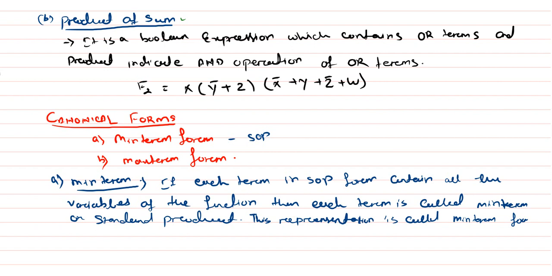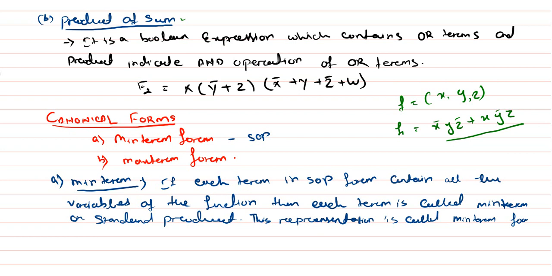So what does this mean? Let us see an example. Suppose I have written a function f, it is a function of x, y, z, three variables, and I have written some function f1 as x dash y z dash plus x y dash z. So you see here, this is a sum of product SOP form, and each term contains all the variables of the function.